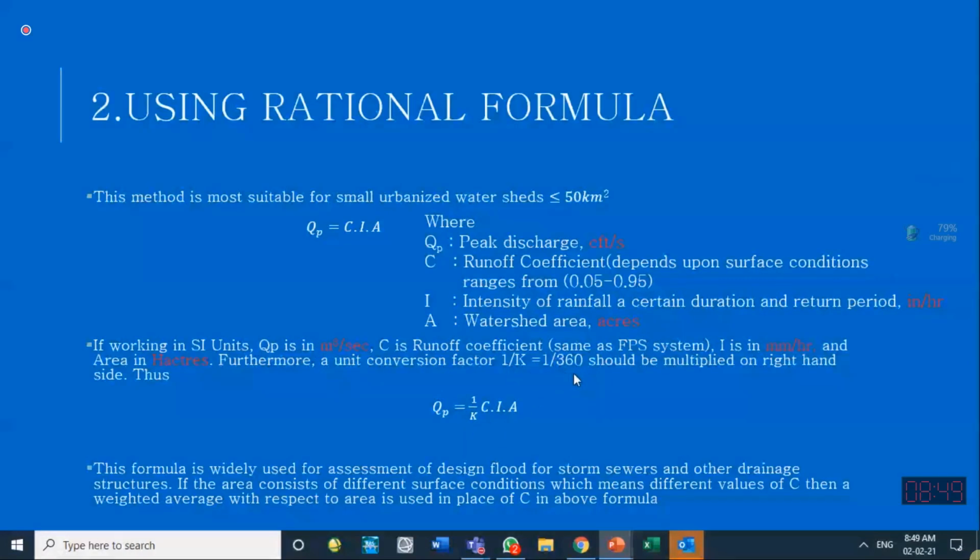So k is 360. That is the conversion factor to give us the flow or peak flood in cubic meter per second.